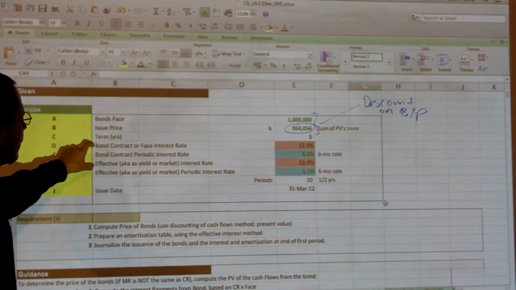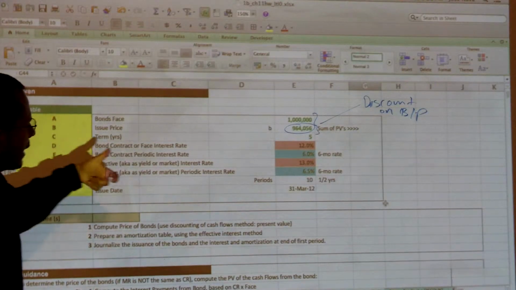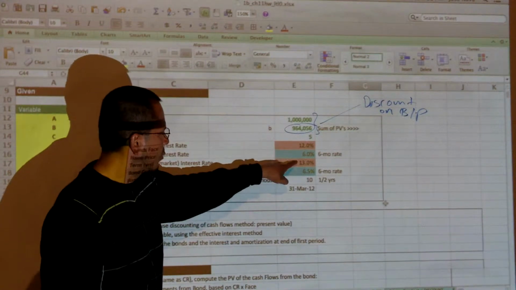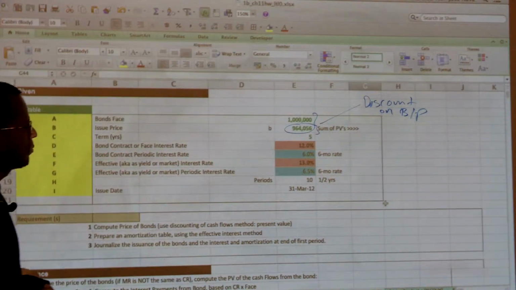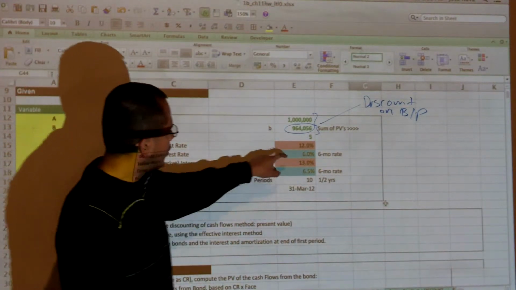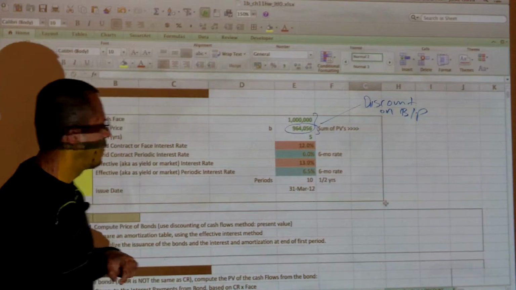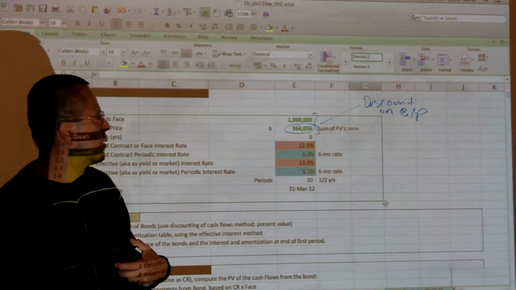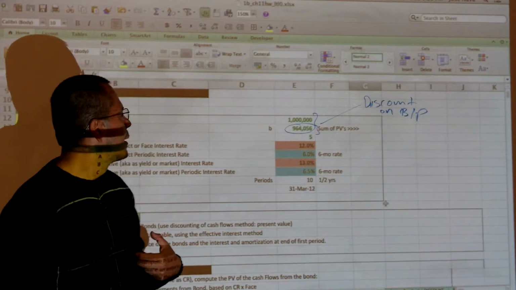How do we actually effectively make for these bonds to provide the 13%, even though the payments themselves are only based on 12%? Well, the difference between the 13% and 12% really is the difference between the face amount and the amount of proceeds from that initial loan.